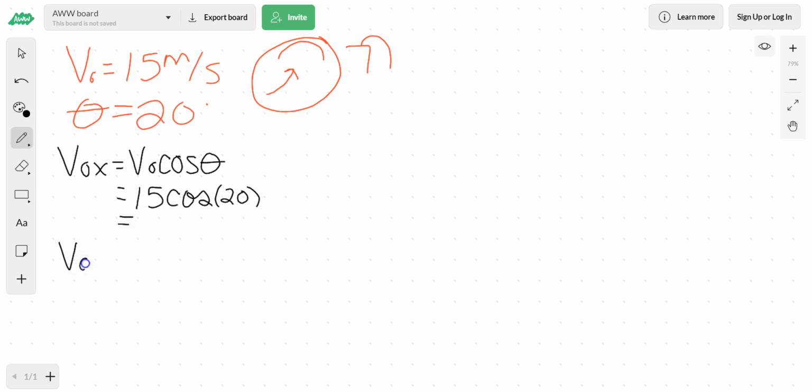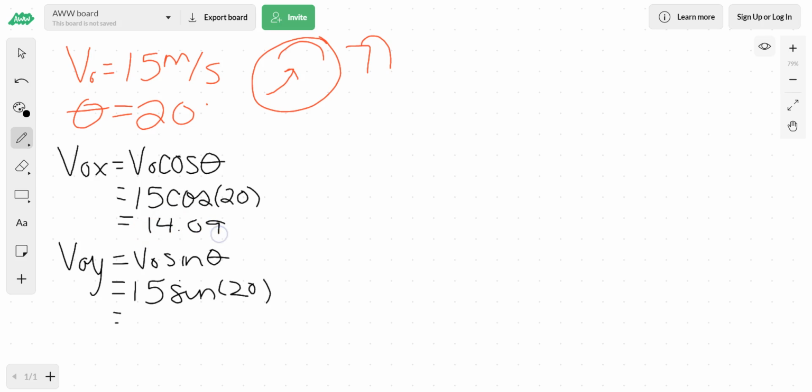And then the y velocity is V initial times the sine of your angle. So that's going to be 15 times the sine of 20. So we get an x of 14.09, and we get a y of 5.13.